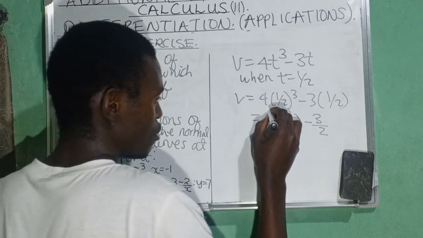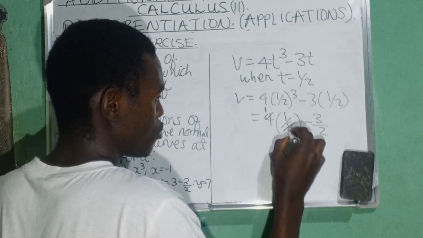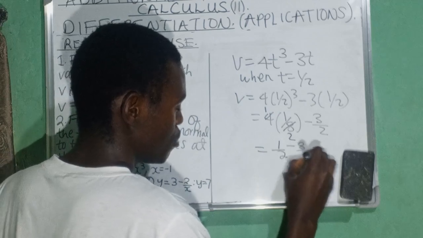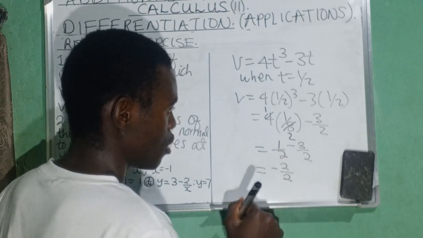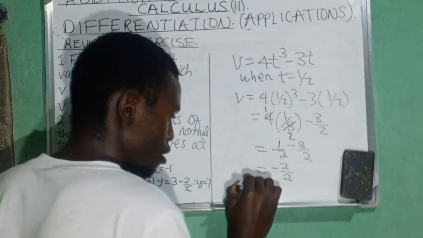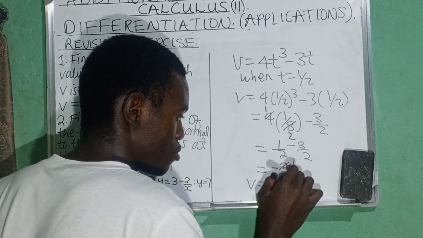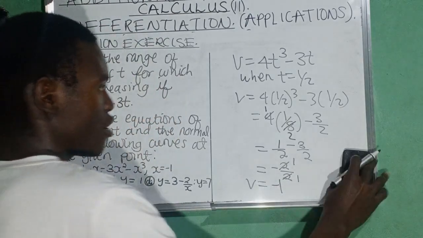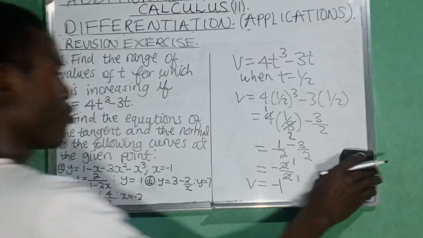Then 4 goes into itself once and into 8 twice, so it's going to be 1 over 2 minus 3 over 2, which becomes negative 2 over 2. So v is equal to negative 1. The first coordinate will be half comma negative 1.